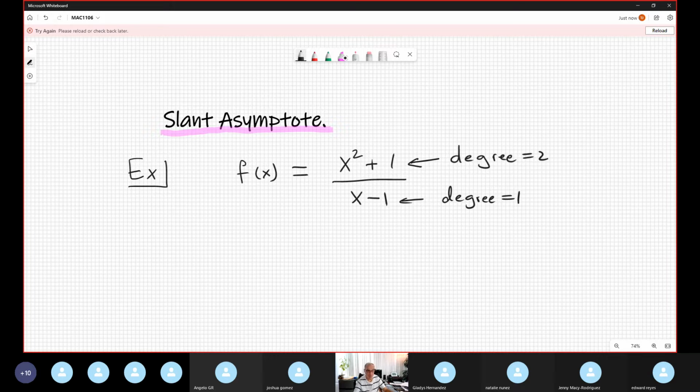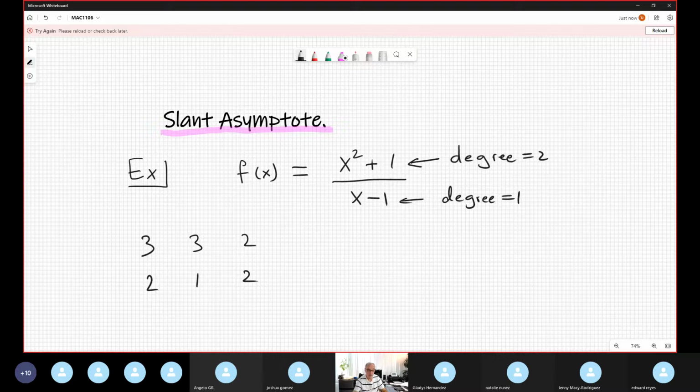So we have, for example, degree 3 and degree 2. Yes, because 3 minus 2 is 1. So when the degree of the numerator is greater by 1 than the degree of the denominator, we have a slant. And if we have, for example, 3 and 1, no. And of course, if you have 2 and 2, no, because that's horizontal.